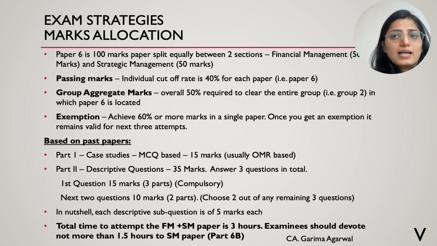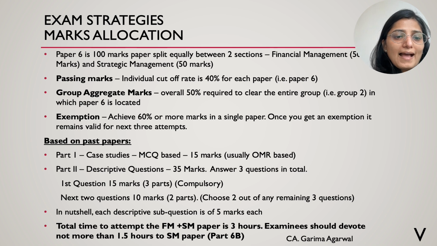Overall you need to attempt 3 questions in total. The first one is compulsory, usually of 15 marks, and that first question consists of 3 parts in the same question. So basically it's 3 questions in that, and the overall marks is 15 for it. And then for the next 2 questions, you have to choose any 2 out of the remaining 3 questions provided in the paper, and they each carry 10 marks.